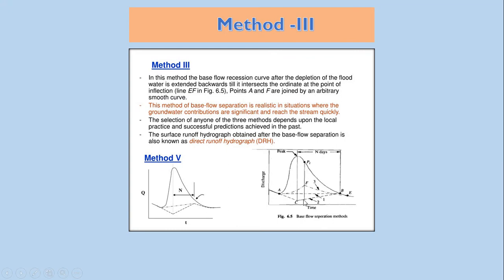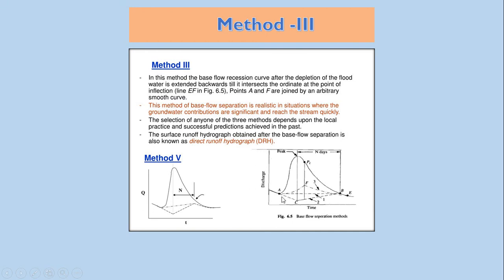This is the ordinate at the inflection point. This point where the extended line cuts the ordinate at the inflection point is called F. Then point B is joined with F with a smooth curve, this type of smooth curve. Similarly, F is joined with A with a smooth curve. Both are joined. The portion below this shows the base flow.